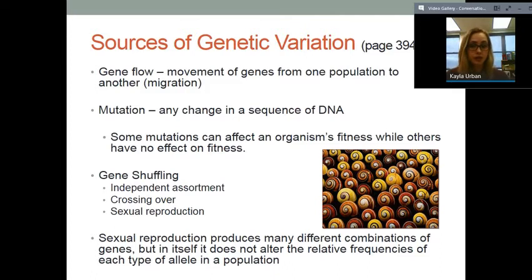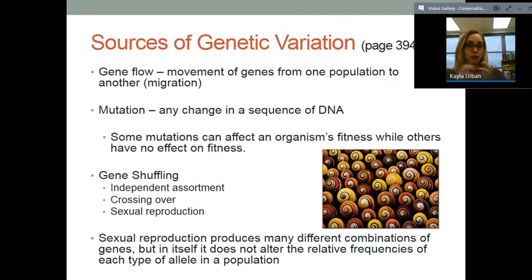Gene shuffling. So this is meiosis. When we talked about meiosis, how the chromosomes line up on either side of the metaphase plate and crossing over where a chunk of one chromosome goes onto the other with their homologous pairs, and then sexual reproduction where it's randomized which sperm meets which egg.